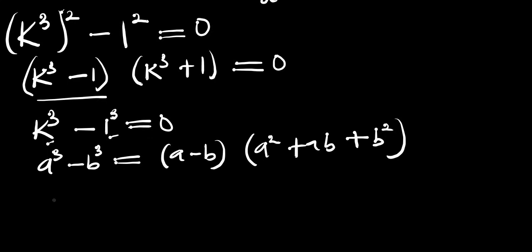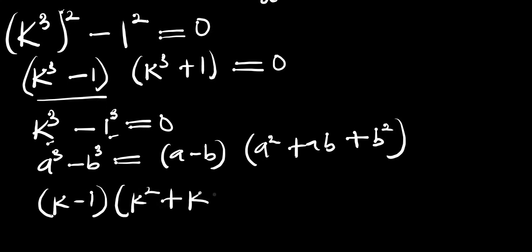So that means we are going to have (k - 1)(k^2 + k + 1) = 0.